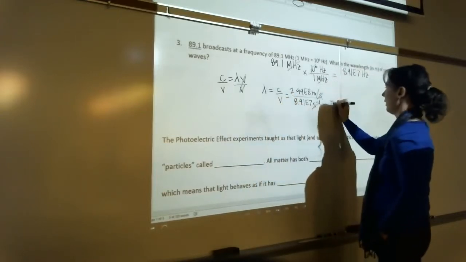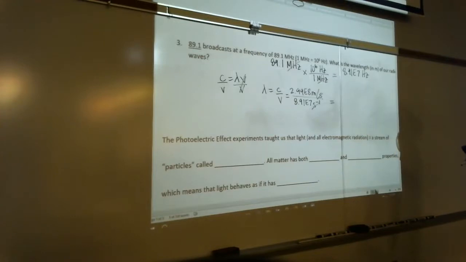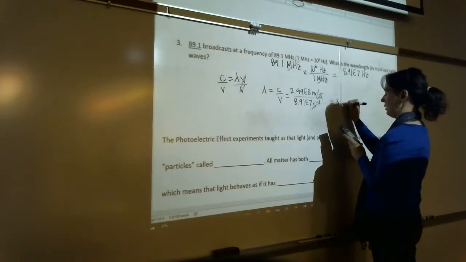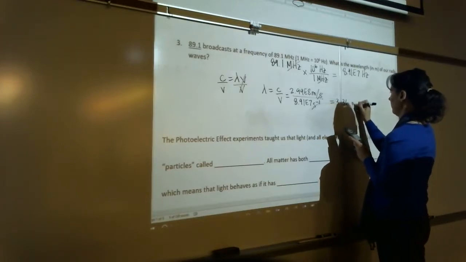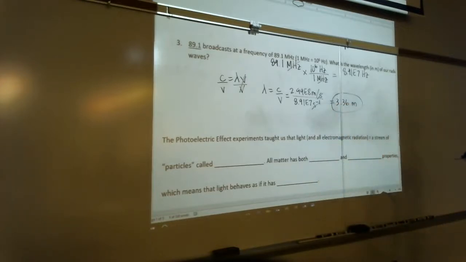Seconds inverse goes away, so we're left with meters, which is what we want. That gives us a wavelength of 3.36 meters. It's the wavelength of those radio waves.